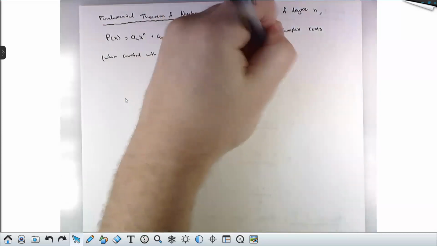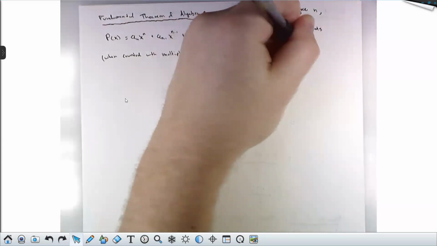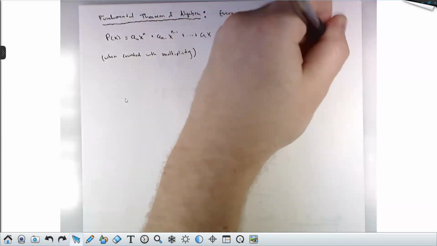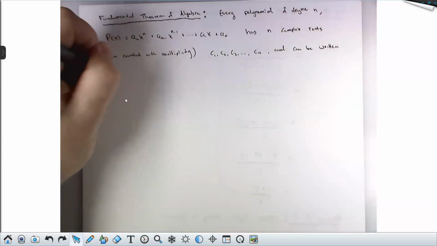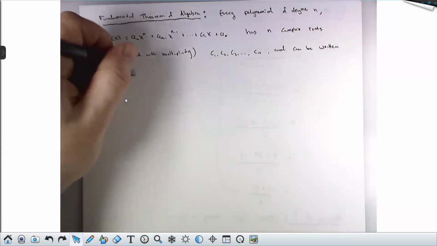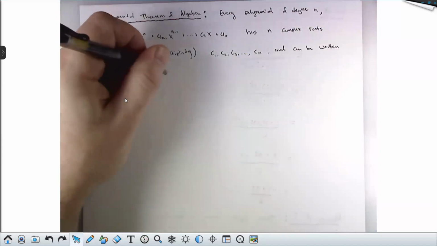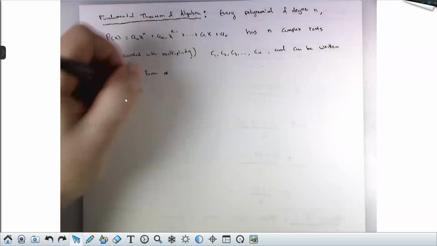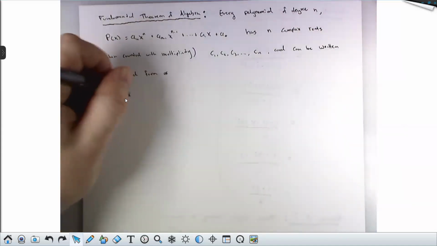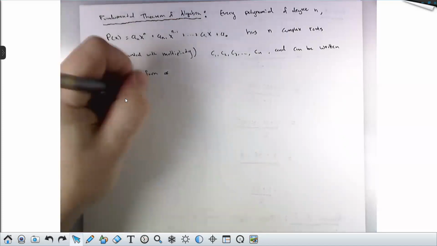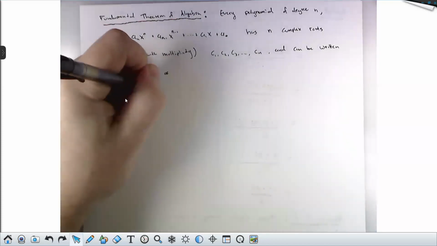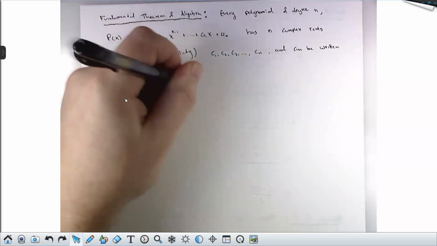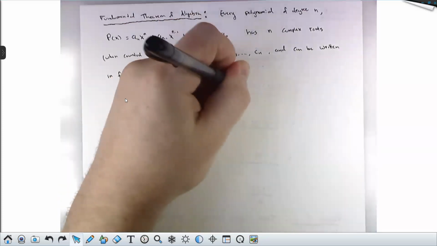And it can be written in factored form as P of x equals, your book says it like this: a times x minus c1 times x minus c2 times x minus c3 all the way down to x minus cn.